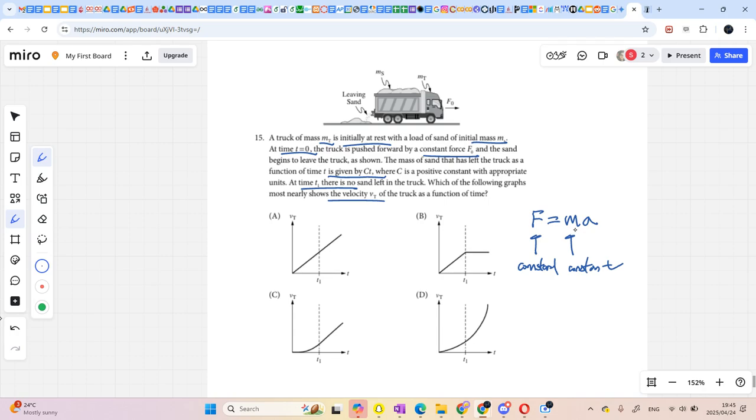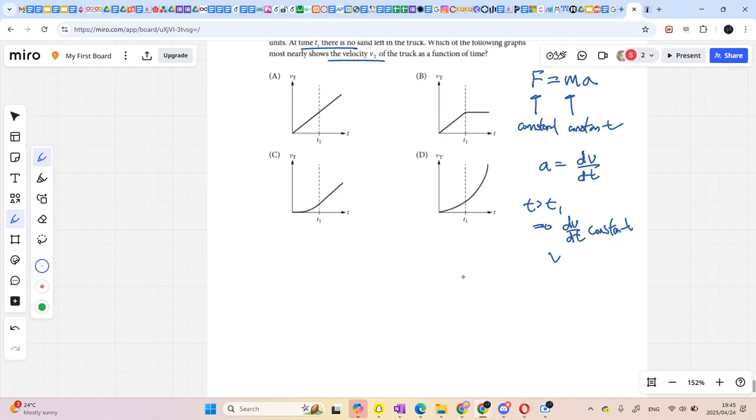So a is a constant as well. a is equal to dv/dt. So essentially, when t is greater than t1, the slope of v is a constant. So that means v is linear.